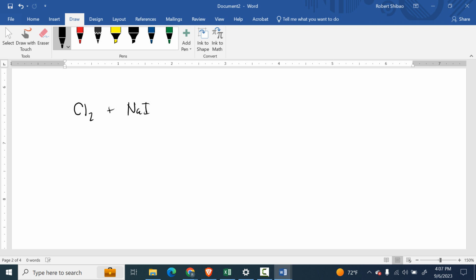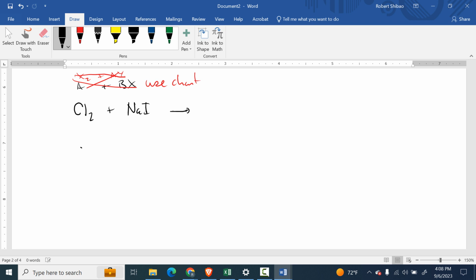We're bubbling it through aqueous sodium iodide. This looks like an A plus BX, but it's not that pattern. This pattern is the X2 plus AY pattern. Are you familiar with the X2 plus AY pattern? If you're not, then you don't have to be. Instead, use the chart method, because then we don't have to remember all these patterns.